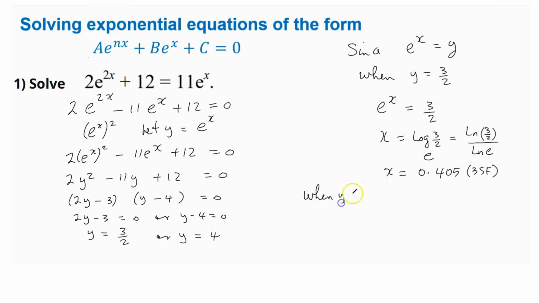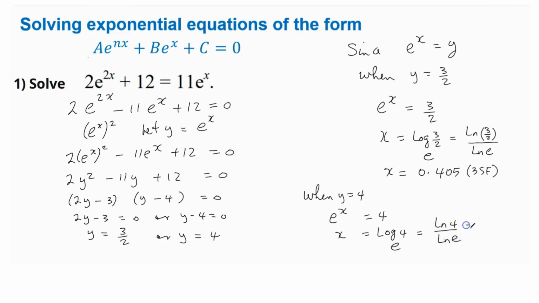When y equals 4, we would have e to the x equals 4. So it means that x equals log 4 base e. Or we can simply write ln 4 divided by ln e.